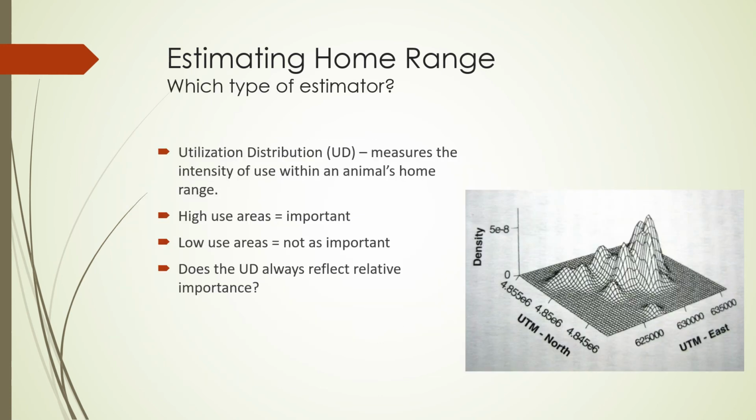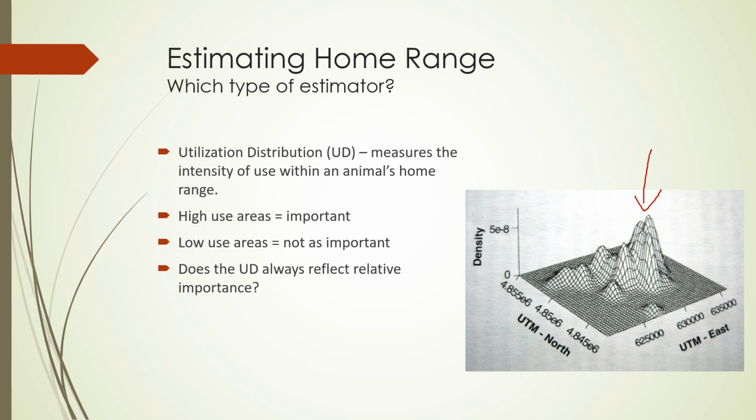We're going to talk about a number of different ways of estimating home range, but there are some considerations that need to go into which approach you're going to use. One is, do you want to be able to estimate what we call the utilization distribution? In other words, the intensity of use of an area by an individual, so that you can get some idea of areas that it's using more often than others.